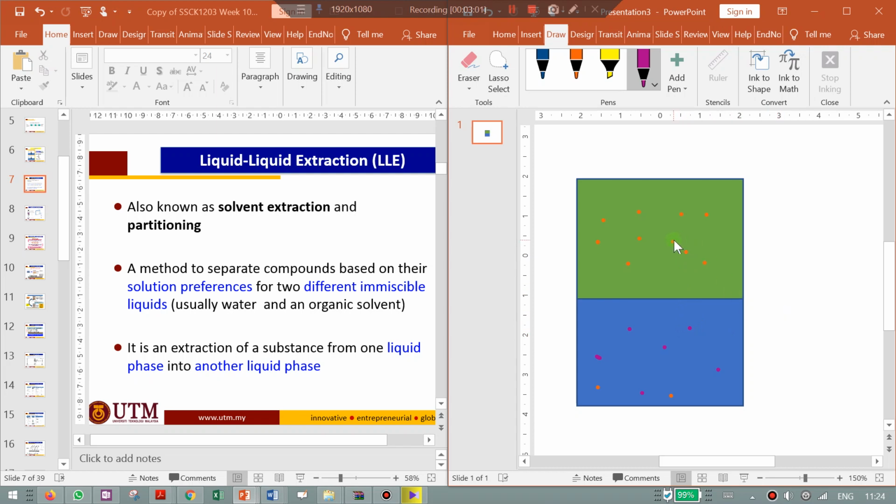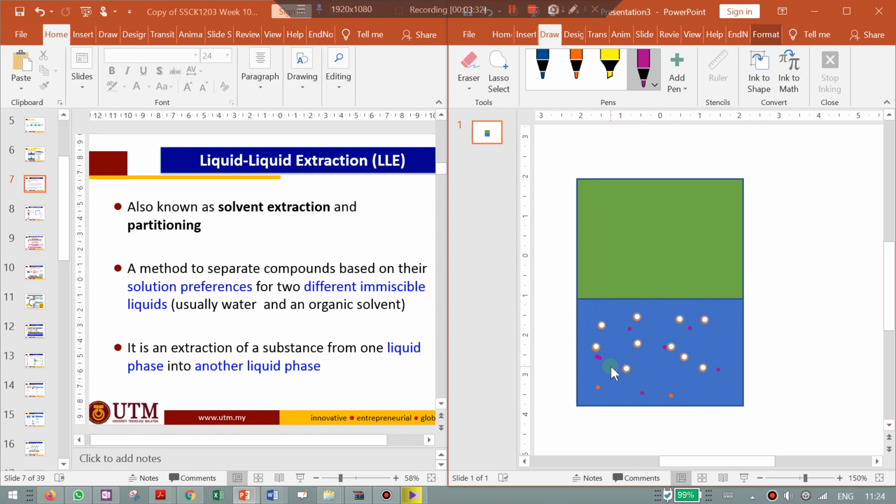In this condition, we can say that our sample or analyte of interest is non-polar. Or we can put it like this: let's say here is your sample inside water, and your analyte is a non-polar analyte.